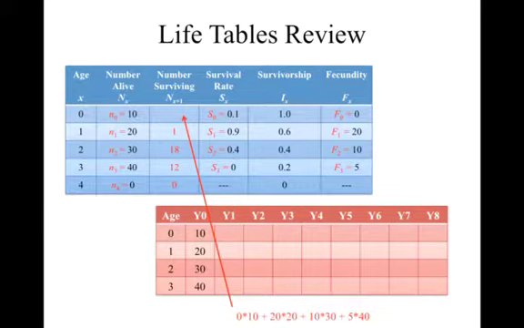If I do that, in this particular example, I get 900 newborn babies next year. And so that gives me the number of different individuals in each age class 1 year later.